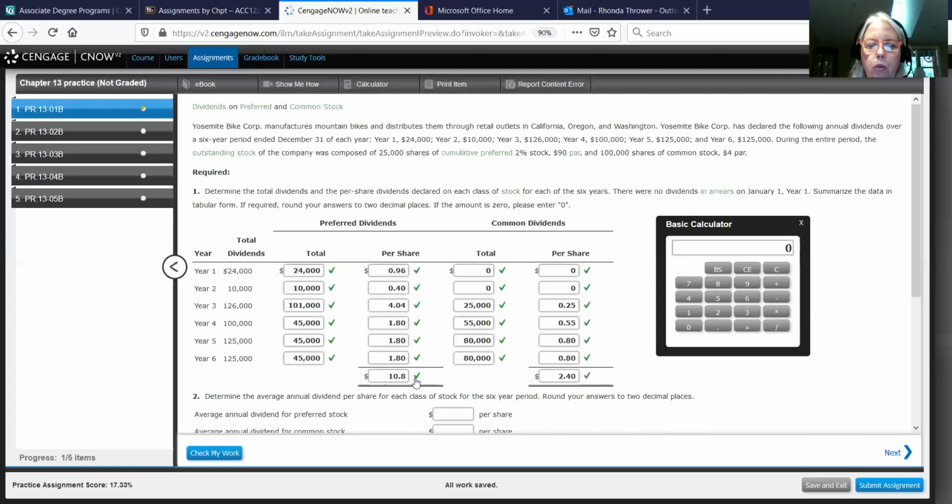So I'm going to start with my total preferred dividends that were paid during that 6-year period. The total amount at the end of 6 years was $10.80. I'm going to divide that by the 6-year period.